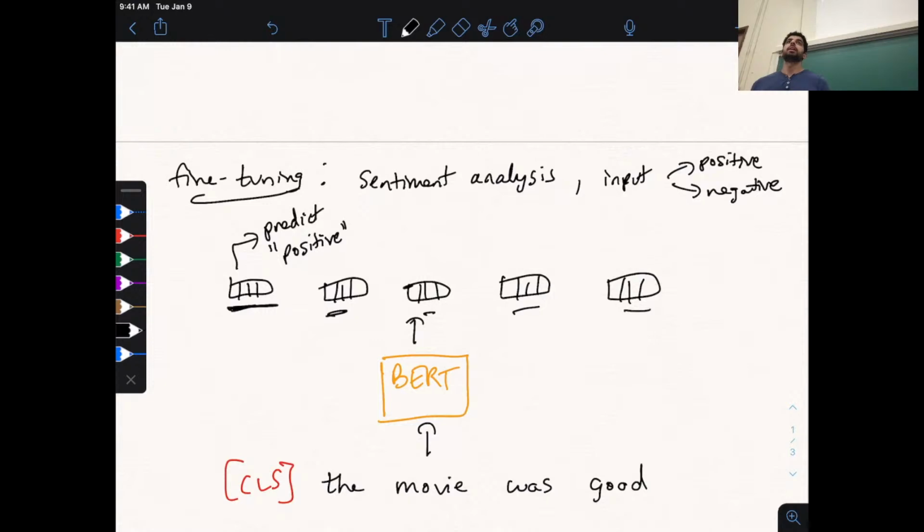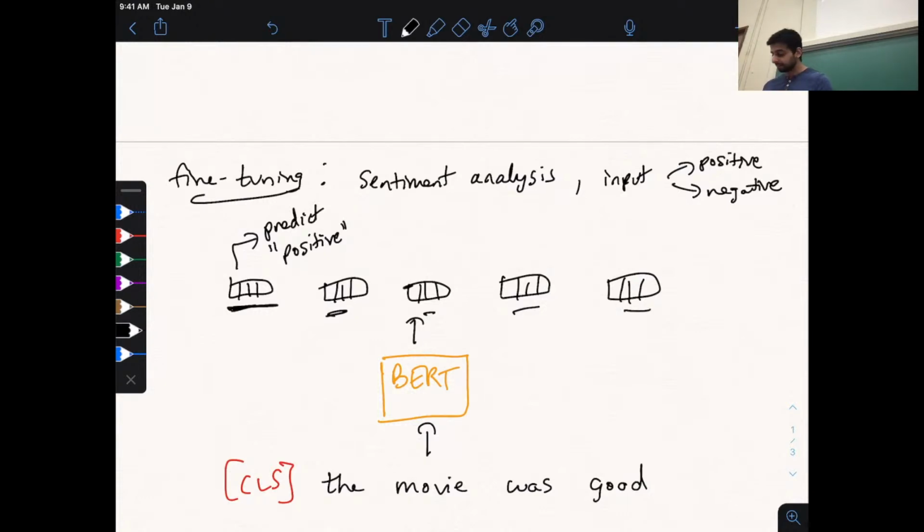But the key finding of the BERT paper is that this kind of classifier can be as simple as possible as long as the pre-trained model is very, very large and trained on a lot of data.